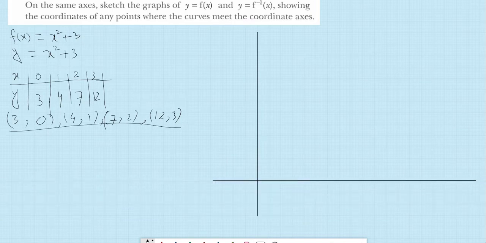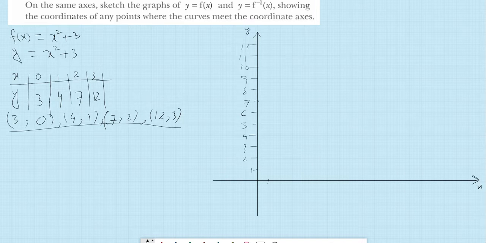Here we go. 1, 2, 3, 4, 5, 6, 7, 8, 9, 10, 11, and 12. This is the x-axis and this is the y-axis.